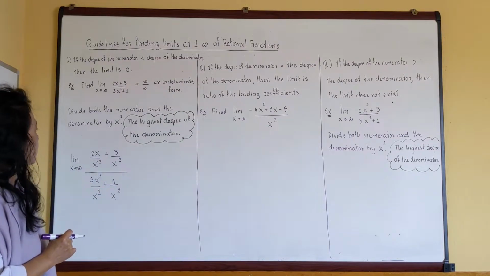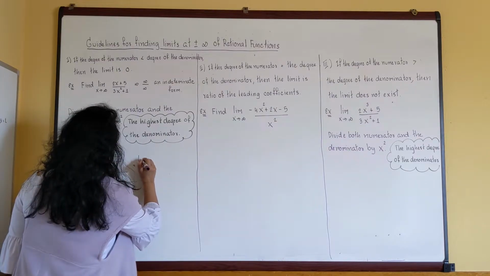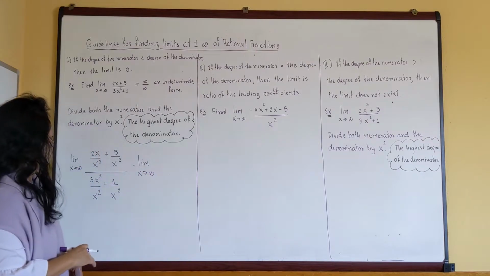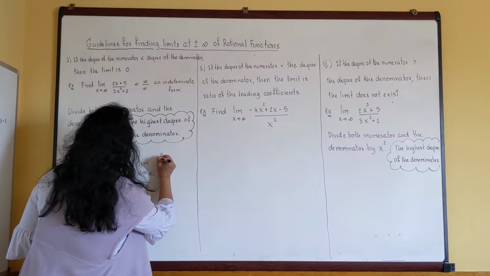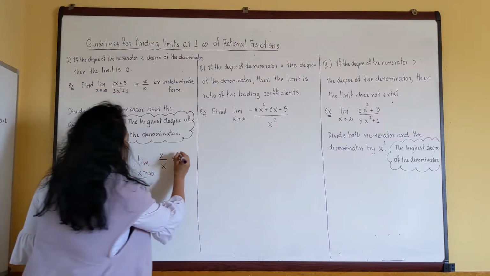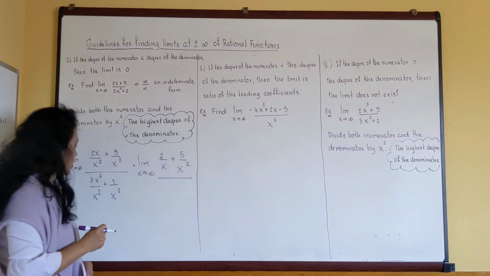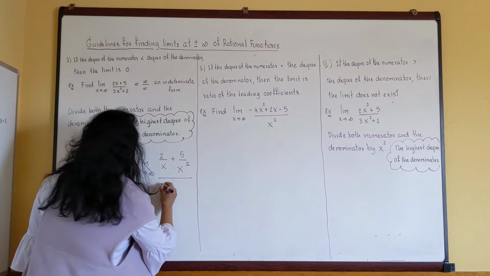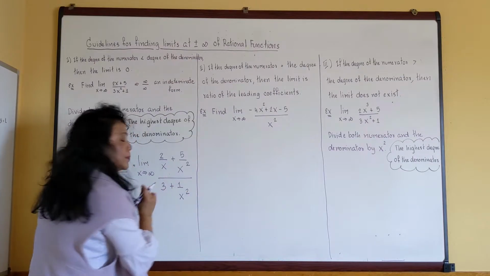I divide every term by x squared. Let's reduce this. The first term, the x cancels the x, so I'm left with 2 over x. The second term is just 5 over x squared. On the denominator, the first term, the x squared cancels the x squared. I have 3. The second term remains the same.